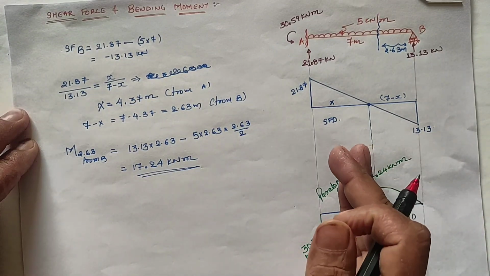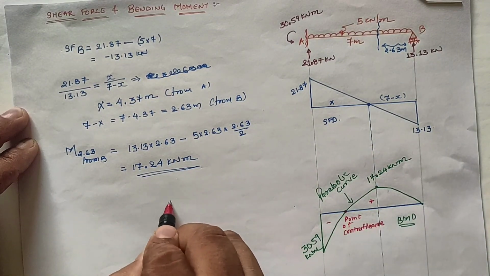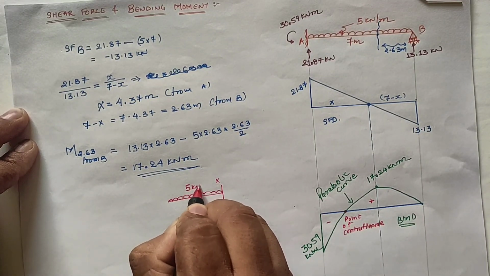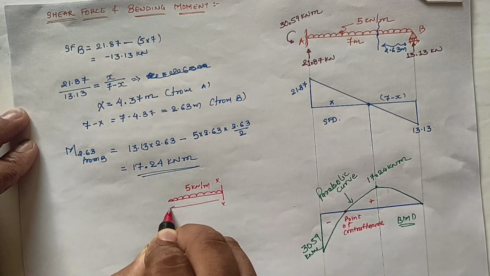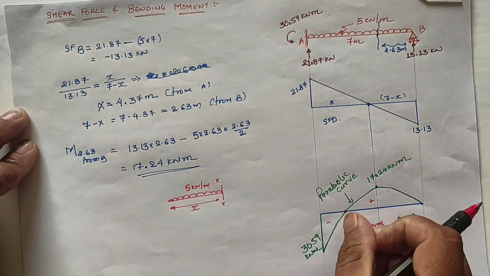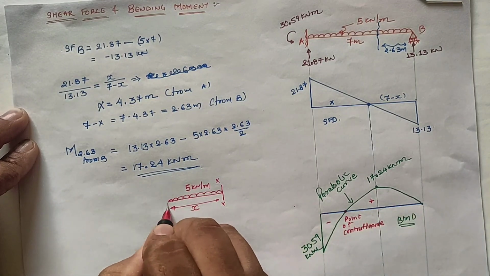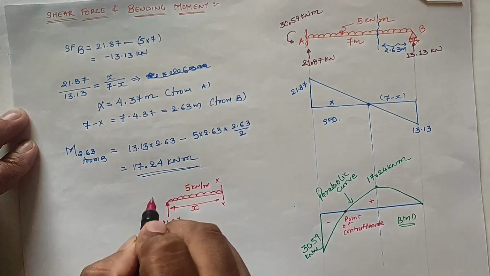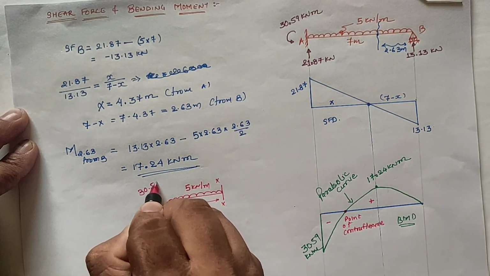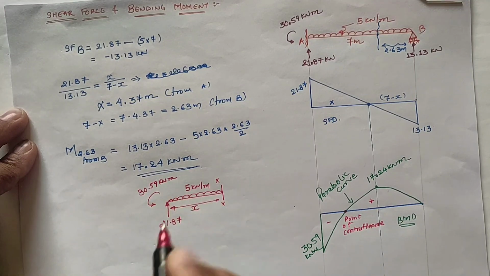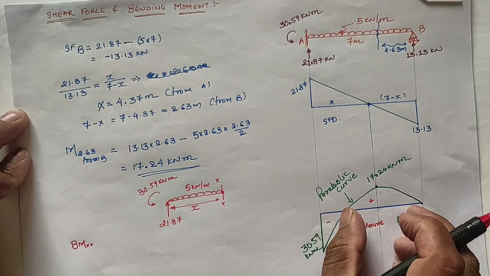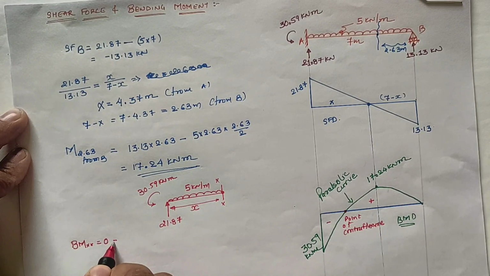So let us take a section as shown in the figure. The UDL value is 5 kilonewton per meter. Our distance from the left hand support is x, which indicates the point of contraflexure. Now the vertical reaction is 21.87 and the anticlockwise moment is 30.59 kilonewton meter. If we take the section at distance x, then according to the definition of the point of contraflexure, our bending moment must be 0.